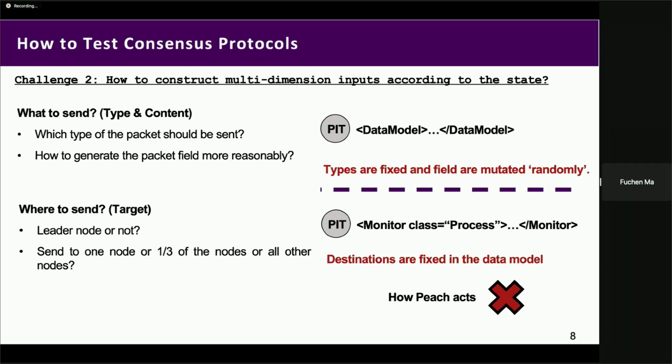And for the target, an effective fuzzer should dynamically adjust whether it sends current packets to the leader, or determine how many nodes the mutated packets should be sent to. For example, the fuzzer may only send the packets to 1/3 of the nodes, rather than the other nodes. Peach always sends packets to fixed targets, which are predefined in its data model.